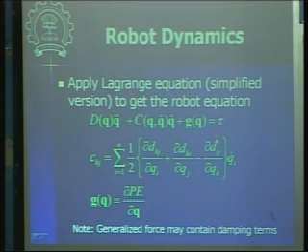Now this tau may contain your damping terms also. So you should remember, if there are any external forces other than your input, then you have to consider them in the tau. In general, damping forces and friction forces will show up in this tau term.